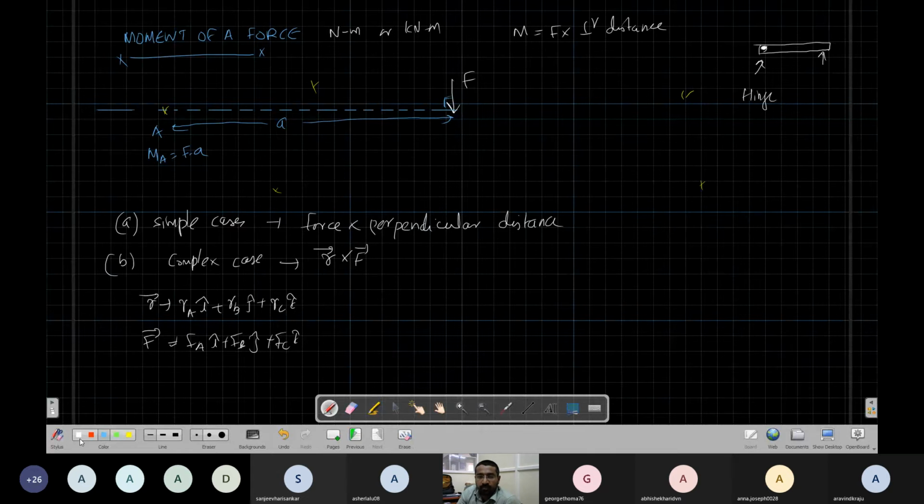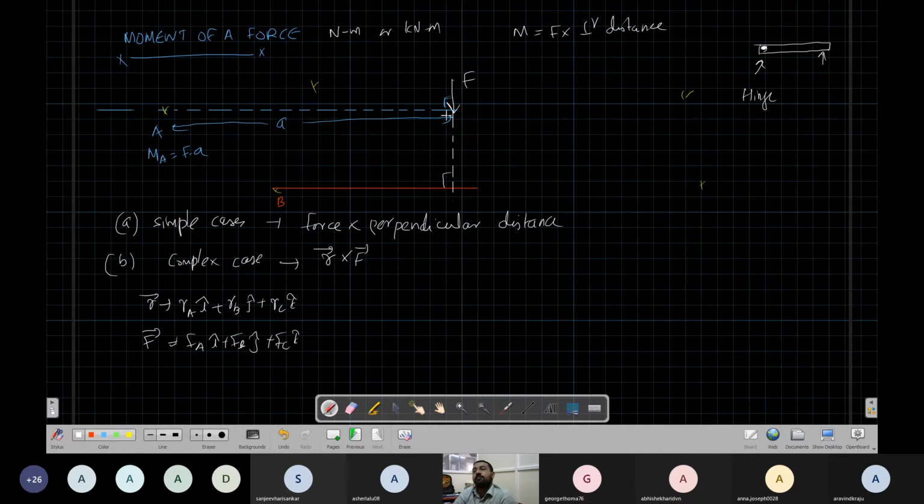Now, what about the moment at B? How do you find it? Again, you draw a line like this. Then for this force, I know there is the law of transmissibility, so the force can be slid along its line of action.